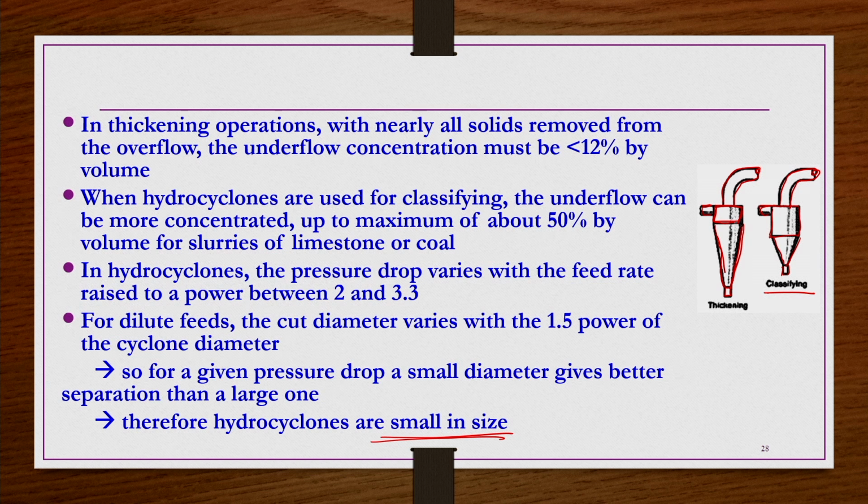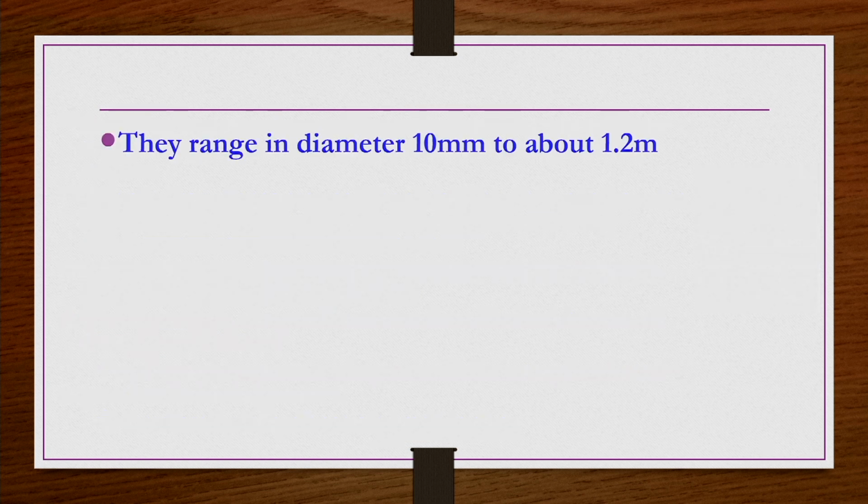Cyclone separators in industry are generally very big, but these hydrocyclones are in general small in size. How small? In general, they range in diameter from 10 mm to 1.2 meters. So, they can be as small as 10 mm.